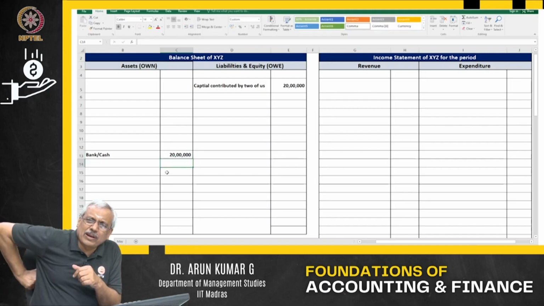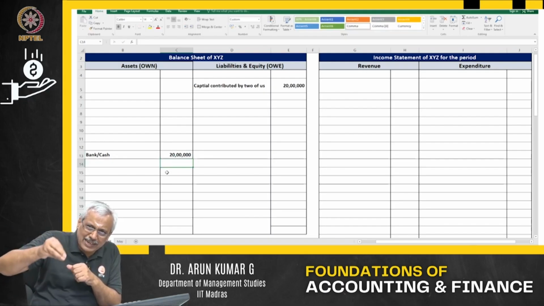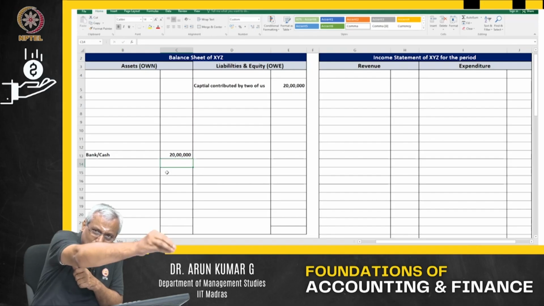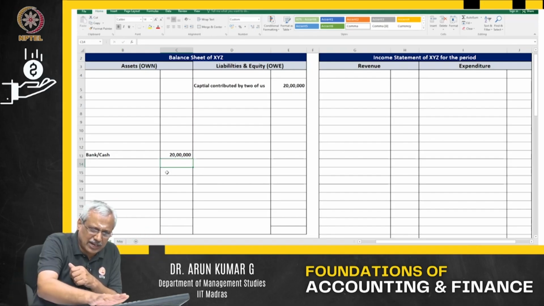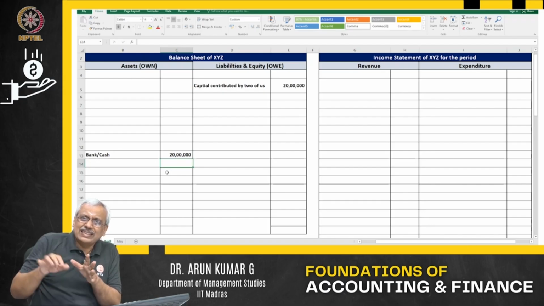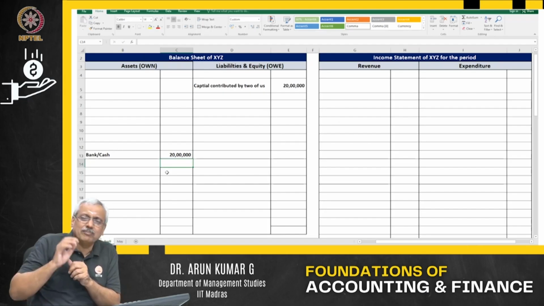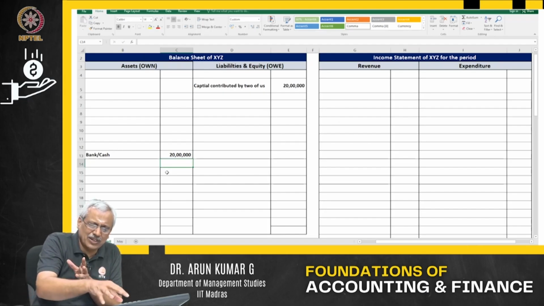So in short, what's happening? XYZ owes that money to the owners, the people who have provided that capital, agreed. So that is where it owes. But as of today, the cash in the cash box is owned by whom? Owned by XYZ. So what is happening? Bank is 20 lakhs. So there is a transaction that has happened, and you will actually see it being reflected in the balance sheet.